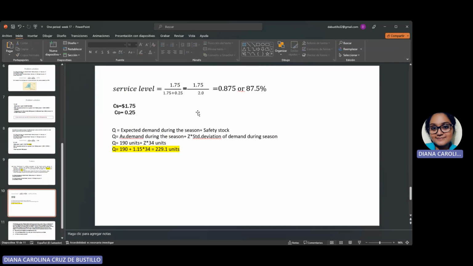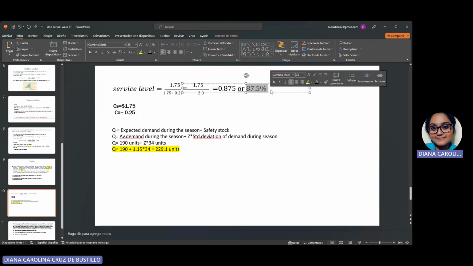So here what you are doing is calculating a service level that would allow you to minimize the total cost of overage and shortage. So you order an amount with a minimum of this service level. If you order less than this, your costs are going to increase, because most likely you will offer less than what the customers historically expect.